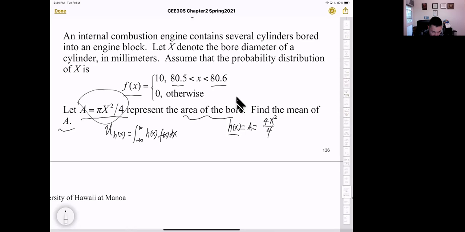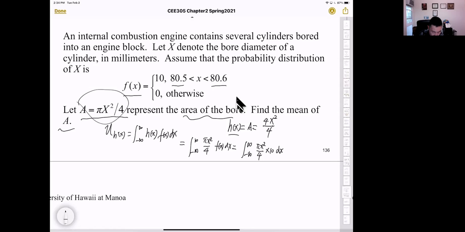So here h(x) is equal to A. Then we use this equation: h(x) f(x) dx, and f(x) is 10, times 10 dx.